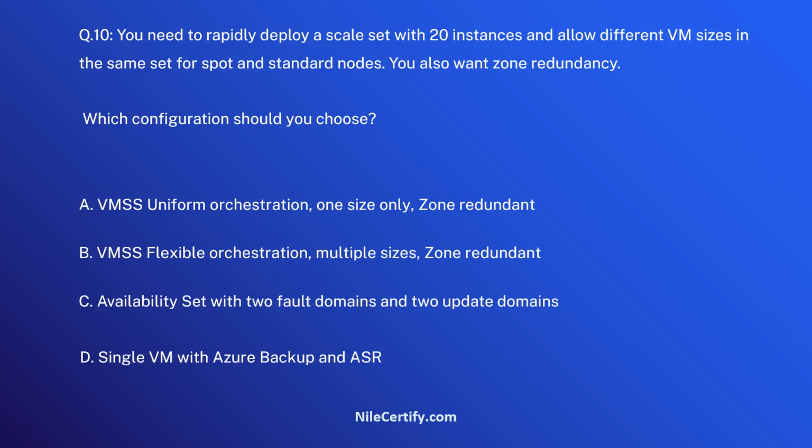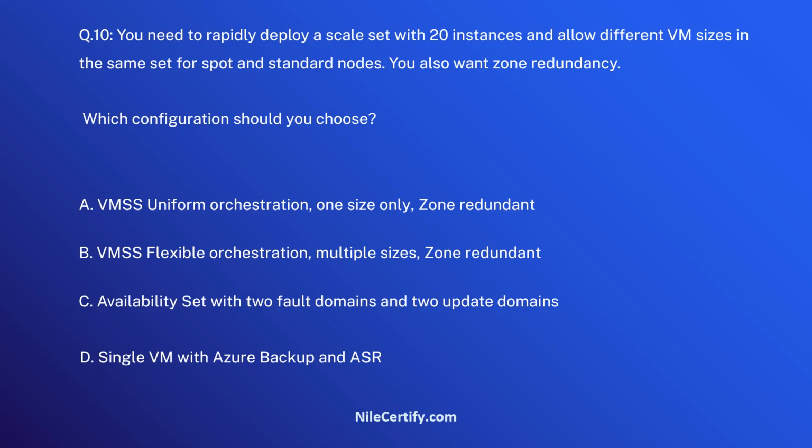First, the requirements: we need to rapidly deploy a VM scale set with 20 instances, and also mix the VM sizes, likely because you are using both standard and spot VMs so you can save money. You also want zone redundancy for high availability across availability zones. Which configuration do you choose?